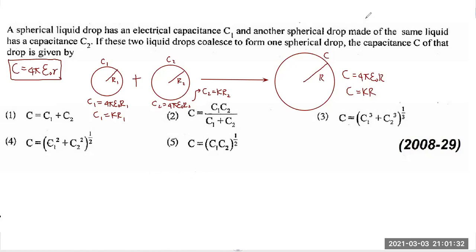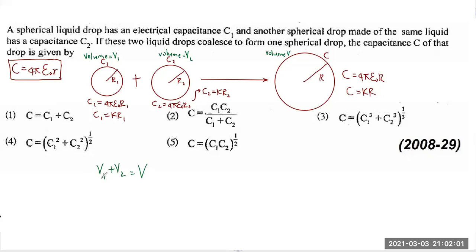Now, what is the other comparison we have to do? I have to find a relationship between R, R1 and R2. For that, we can compare the volumes. Let's say the volume of this one is V1, the volume of this one is V2, because two spherical drops are combining, and the volume of the final drop is V. We know the volumes of these two added will be equal to the final volume.